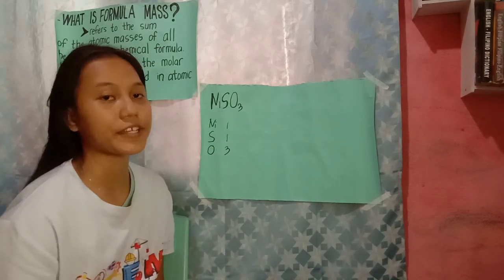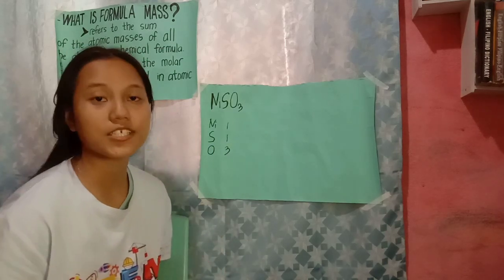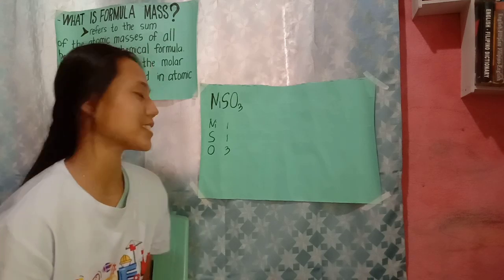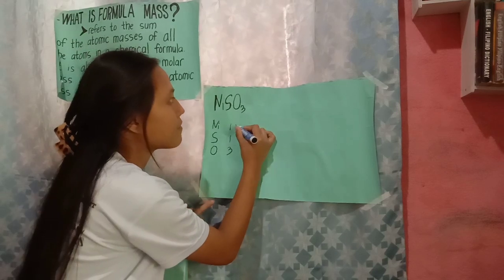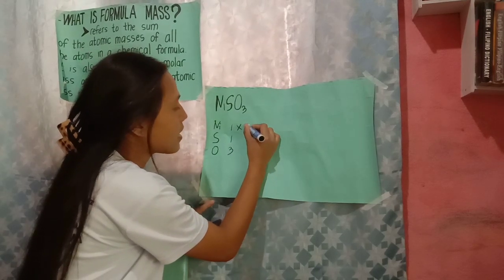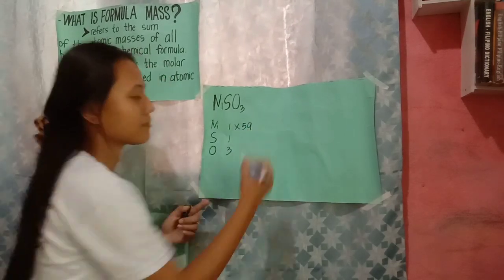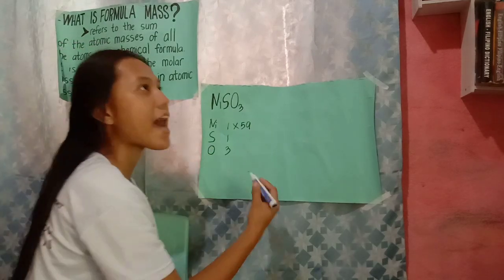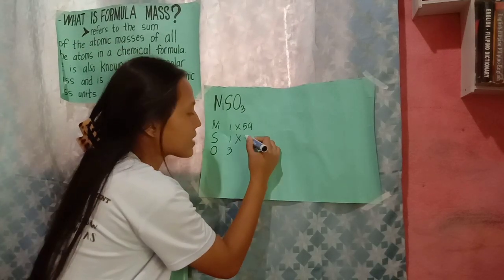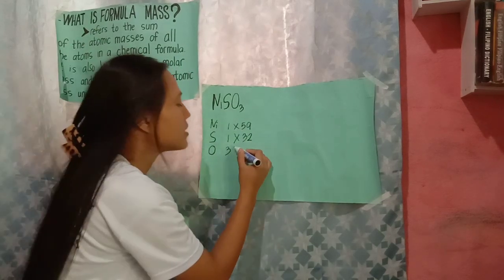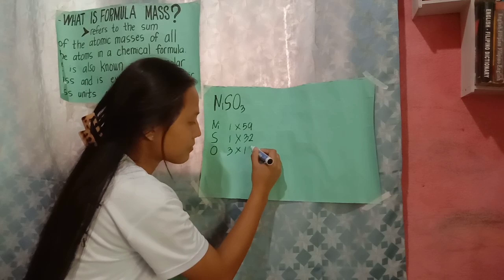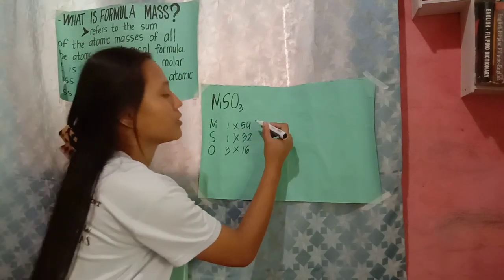Now, let's multiply the number of atoms by their respective atomic masses. Nickel has an atomic mass of 59, sulfur has 32, then oxygen has 16. Let's solve.